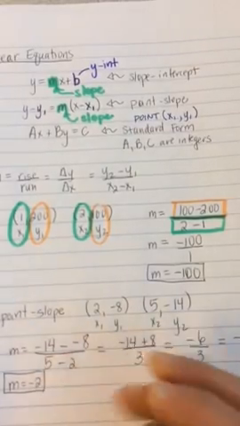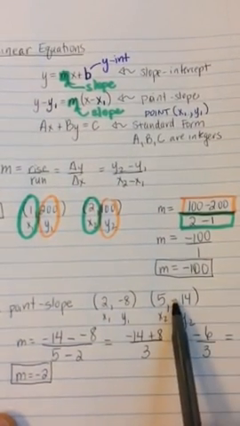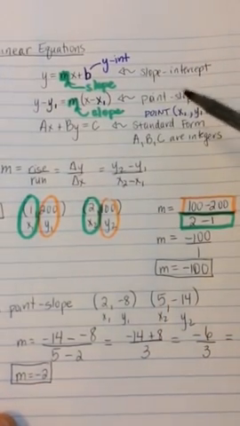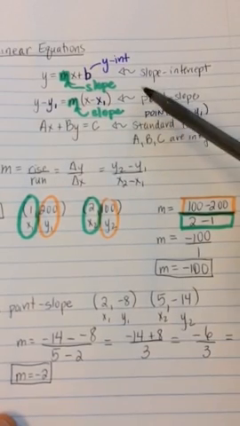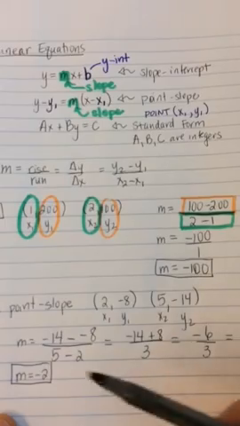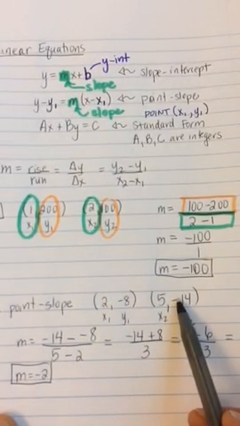I can use that to write my equation. Because I now have a point, actually I have 2 points, but I can choose either one, and I have a slope, the best form that's going to be the most useful for me is point-slope form. I don't have a y-intercept, and standard form is not going to be that easy right now. So I'm going to go ahead and choose this as my point, but I could have chosen this one.